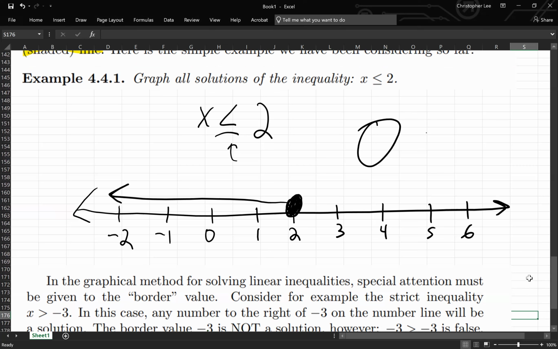Now you go up more, but you still start at 2. As long as that equal is there, that's where you start. That line is basically the point where you start. But if they don't have that line, then everything other than it, it's like, don't touch me.